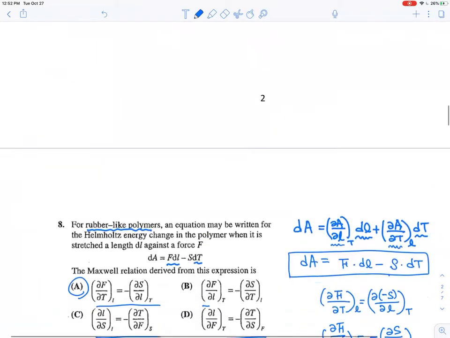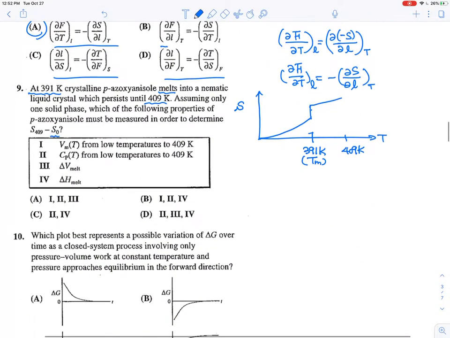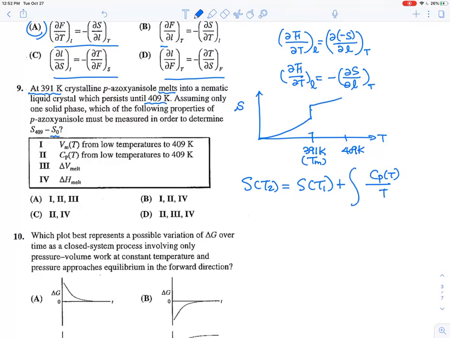So let me write the equation once more. S at temperature T2 is S at T1 plus the integral of CP as a function of temperature over T, from T1 to T2, dT. So that was the original concept. We are starting from here, 0 Kelvin and S naught, which is close to 0, and so that's the one.